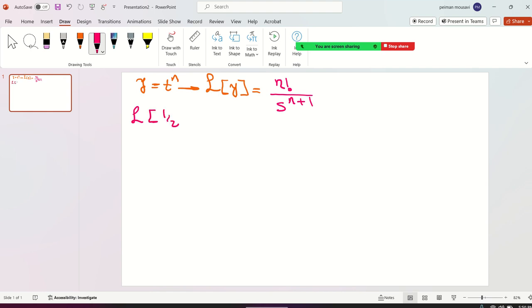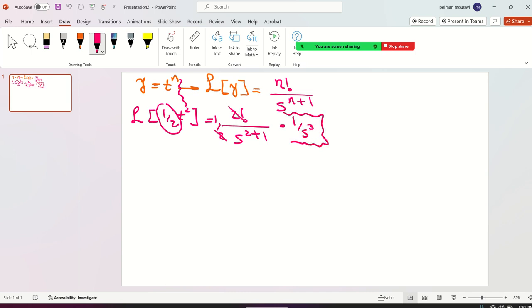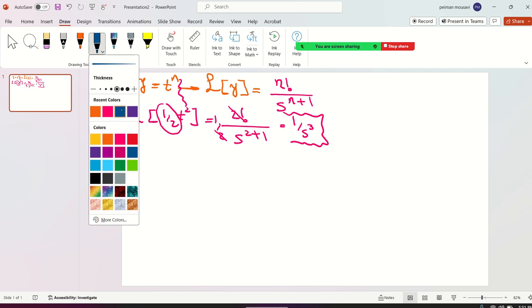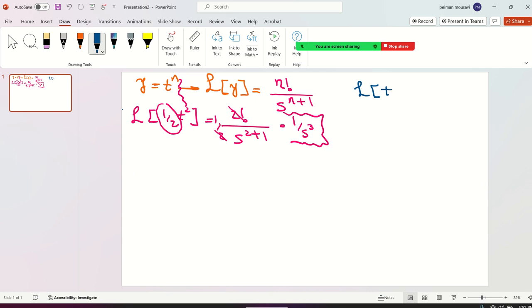For the parabolic input, n is 2, so it is 2 factorial divided by s to the power of 2 plus 1. And obviously you have a 1/2 from the function, so 2 factorial times 1/2 gives 1 over s cubed. So this is the general rule. Now, for example, if I ask what is the Laplace of t to the power of 6, the answer is 6 factorial divided by s to the power of 7.